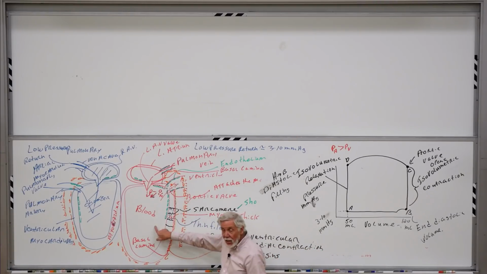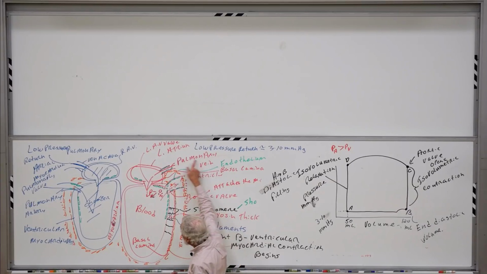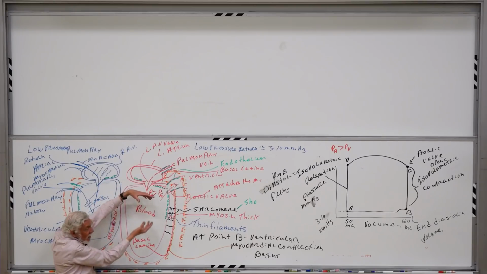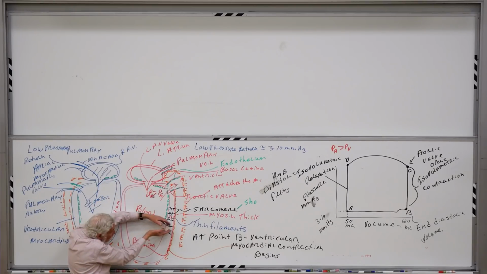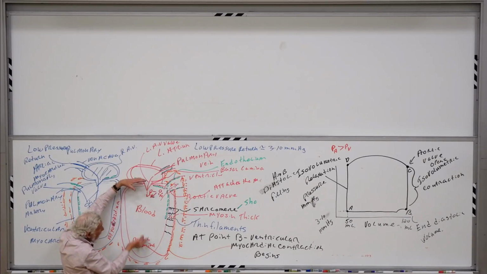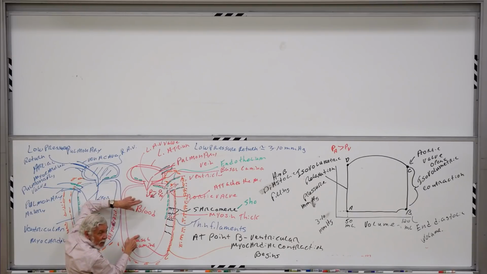We don't have that here. So what are we going to use to reset the sarcomere length? We're simply going to use the low pressure return. Fluid is going to come into the ventricles, and it's going to distend the ventricle and stretch apart these sarcomeres. So now we're going to reset the length of the sarcomeres simply by allowing the fluid to come into the chamber.